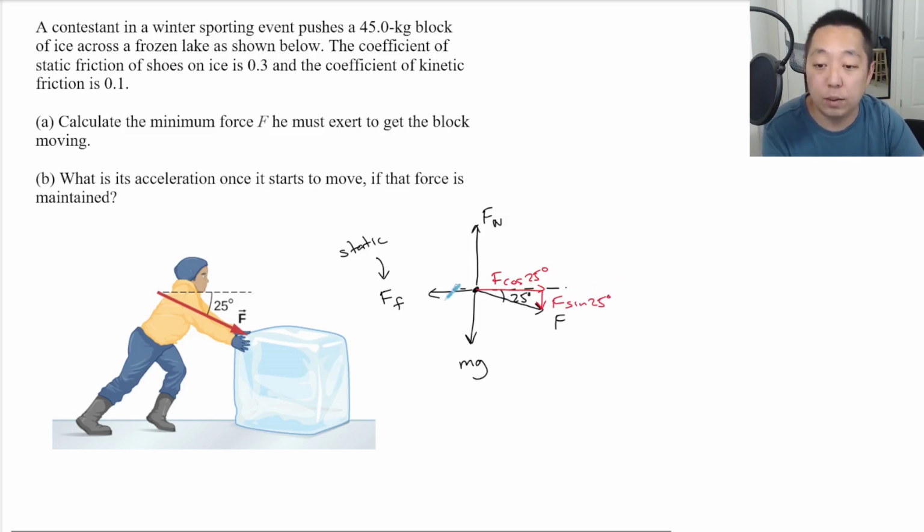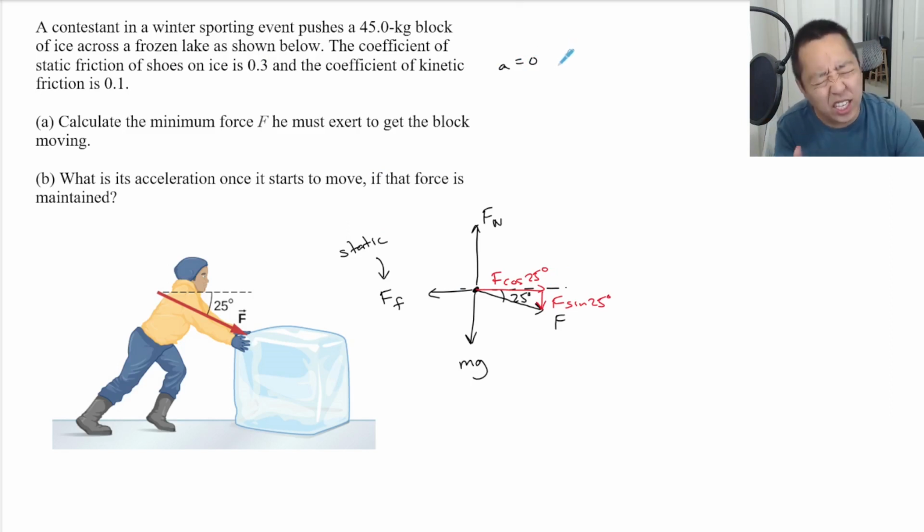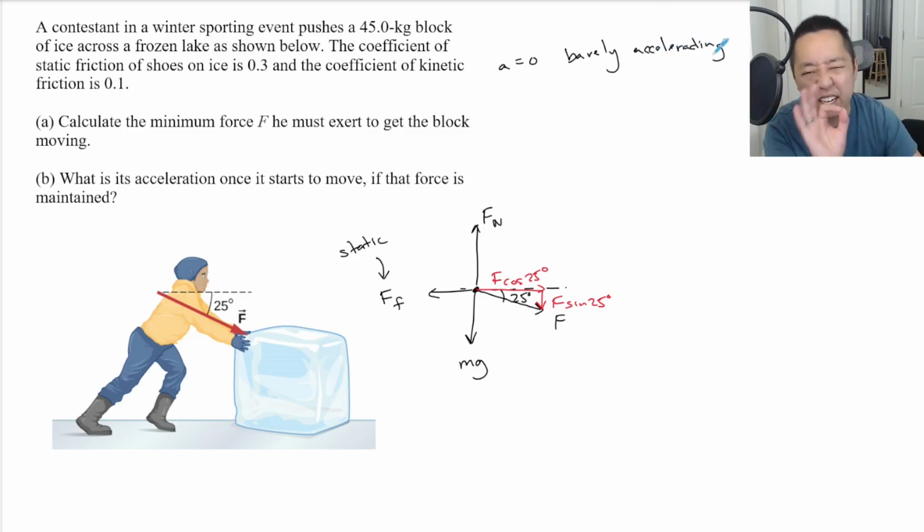That's how it breaks down into my little right triangle there. And we want the acceleration to be 0 because it's just starting to move. The minimum force is right on that hairy edge where you just get it to start moving. So the acceleration is still 0.